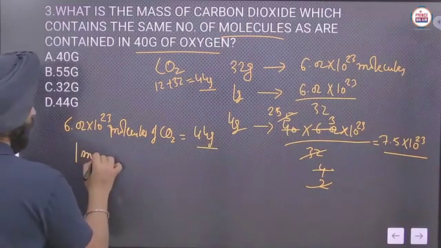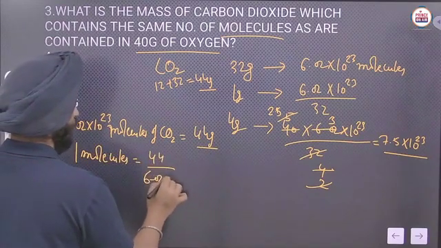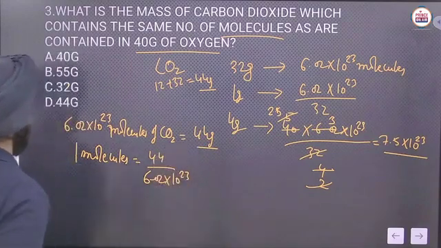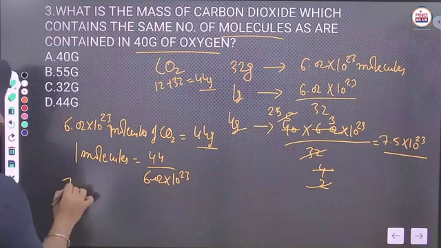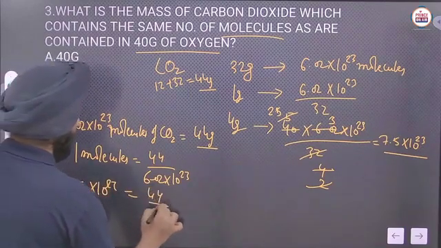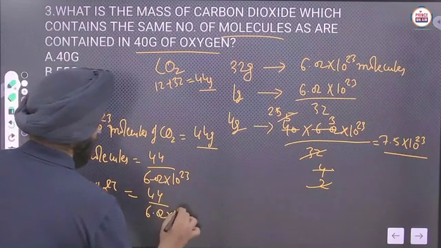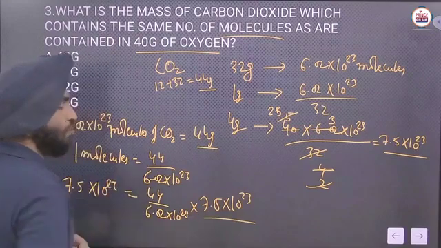For one molecule it comes out to be 44 upon 6.02 into 10 raised power 23. We have total number of molecules 7.5 into 10 raised power 23, so solve that value here.